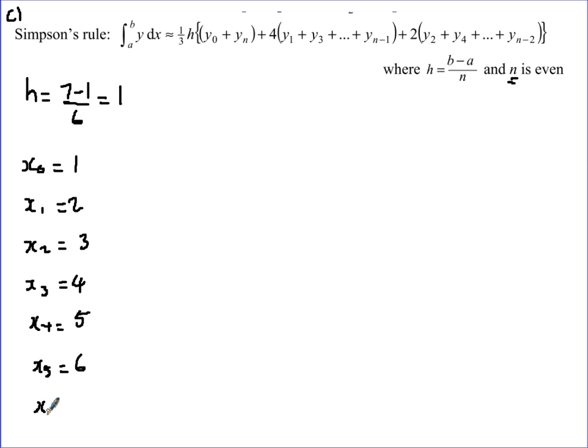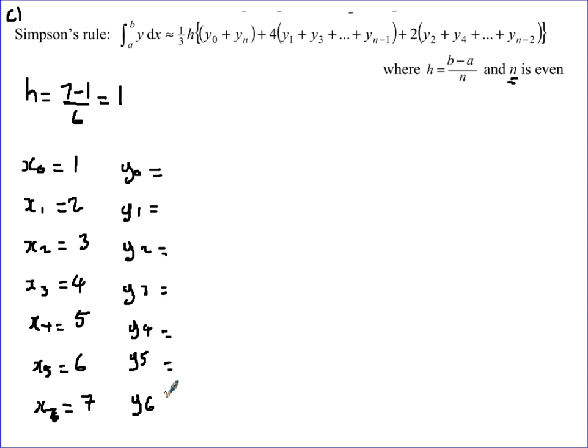Now this is long-winded, but you get there. Now you check on here and you go, right, I'm needing y0, y1, y2, y3, y4, y5, y6. I should say 6, sorry, there's a mistake from me.